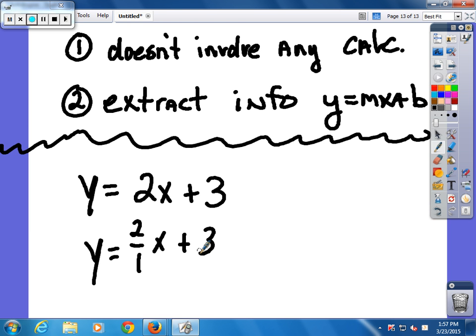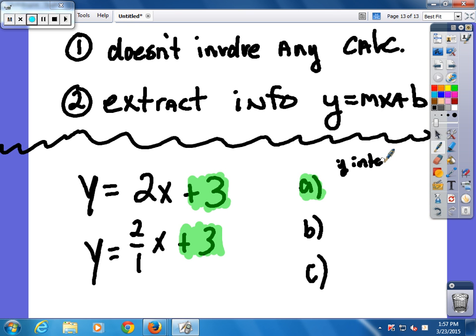Now I'm going to extract the information right here. A, B, and C. And I'm going to highlight A. I'm going to highlight 3 right there, because A is our y-intercept.